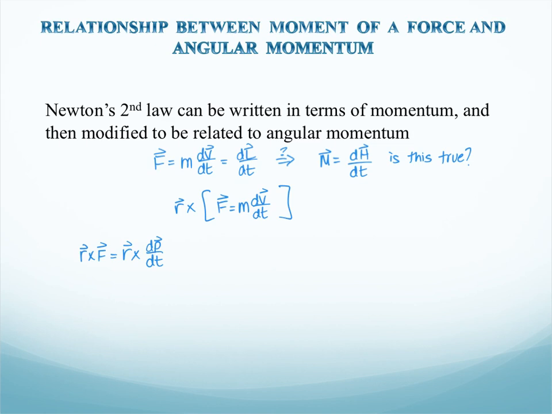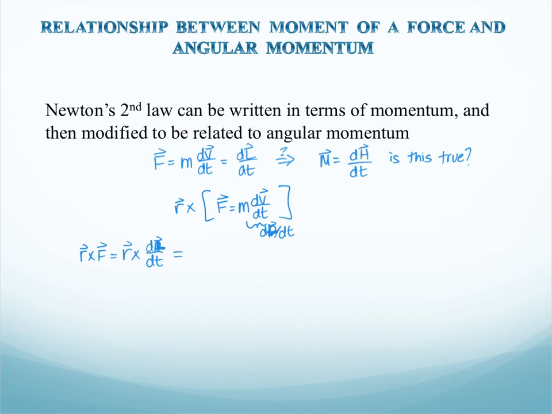I know that I kind of changed this. Remember that this is the derivative of momentum with respect to time, and I just remembered that in our book we use L to represent momentum. So sorry about that. Okay, so is this true?